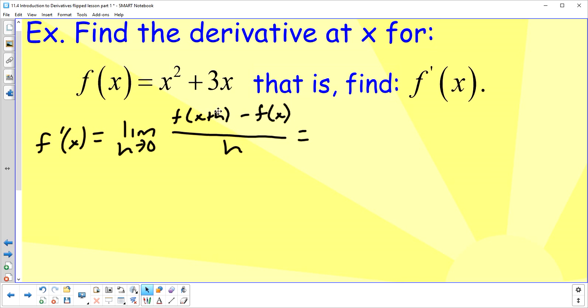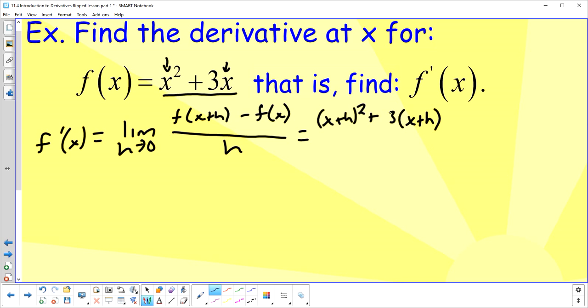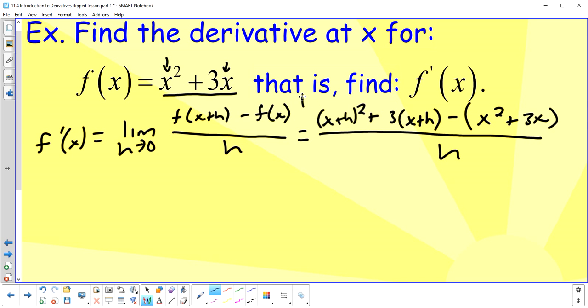This means everywhere you have an x, x plus h needs to be plugged in. So I'm going to look at my function, and right here, instead of x, I need to have x plus h squared, plus, again, right here I have an x, so I need to have 3 times x plus h, minus, and I'm going to put the whole f of x in parentheses here because you're going to have to distribute that negative sign, the whole thing over h, and we should actually have the limit as h approaches 0 in front there.